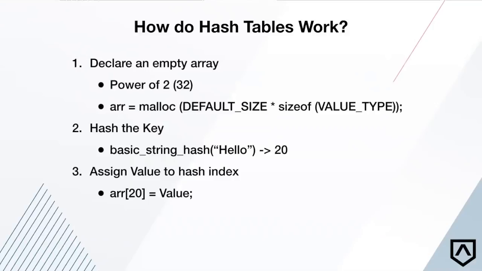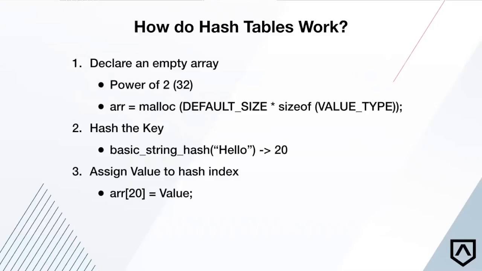Remember, in C, since all types are very strict, we want to have keys of type string, and let's say values of type integers. So in this case, we would do malloc of 32 times the size of integer.